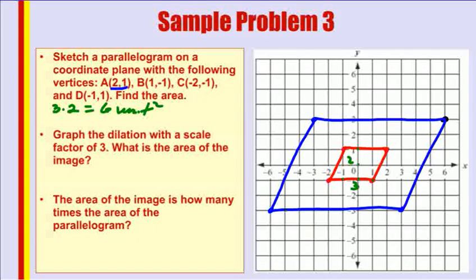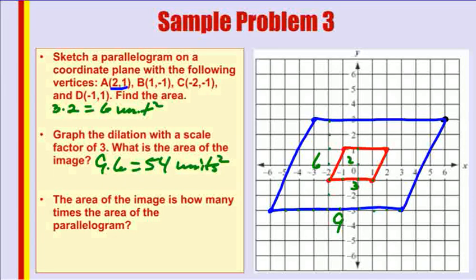Find the area. To do that, we got 1, 2, 3, 4, 5, 6, 7, 8, 9. Base is 9. The height, 1, 2, 3, 4, 5, 6. We have 9 times 6, which would give us 54 square units. The area of the image is how many times the area of the parallelogram?